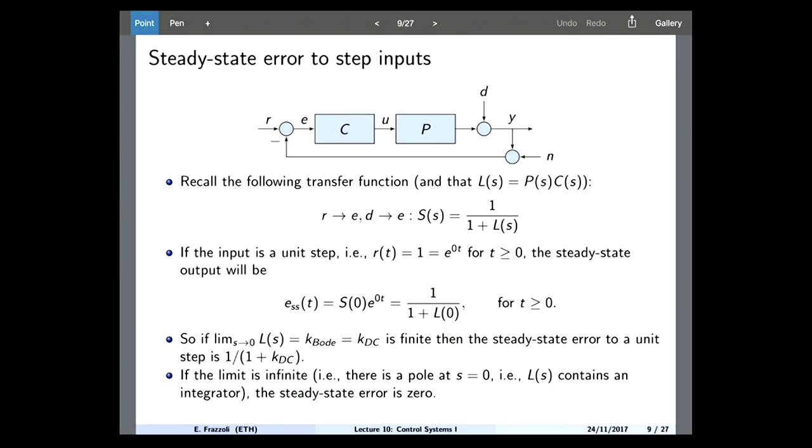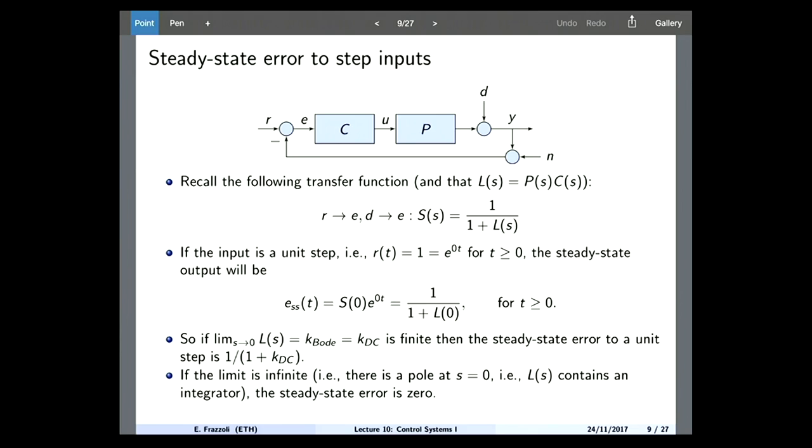As we did before, if the input is a unit step, that is r(t) equal to 1, that is e to the power 0t, the steady state output will be the value of this transfer function at 0 times e to the power 0t, which is 1, so this is 1 over 1 plus L(0). It's the same calculation that we did quickly in the previous slide.